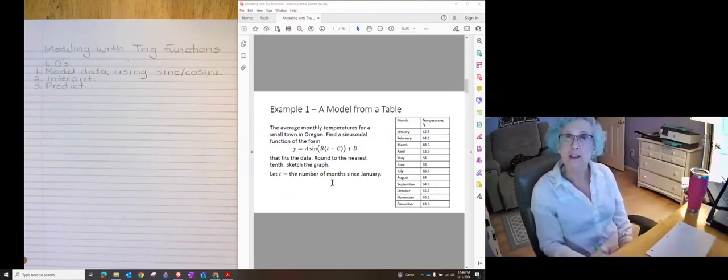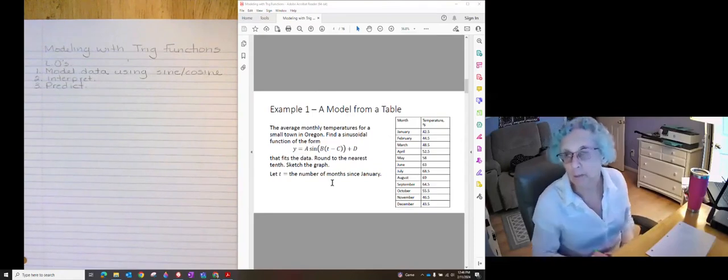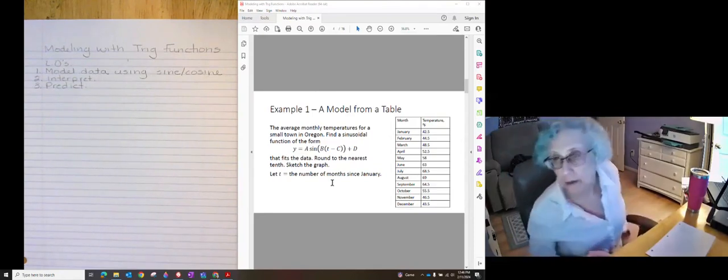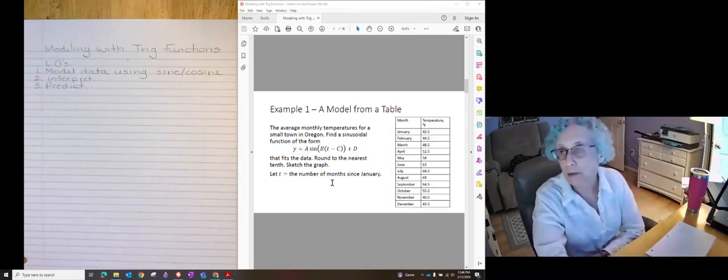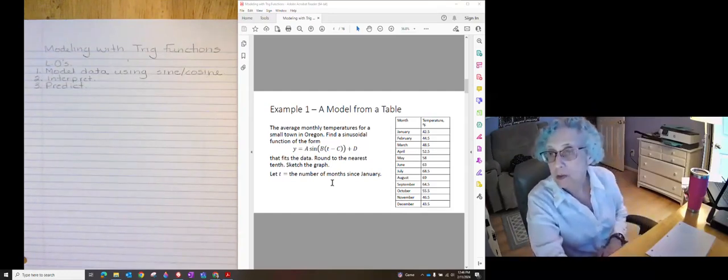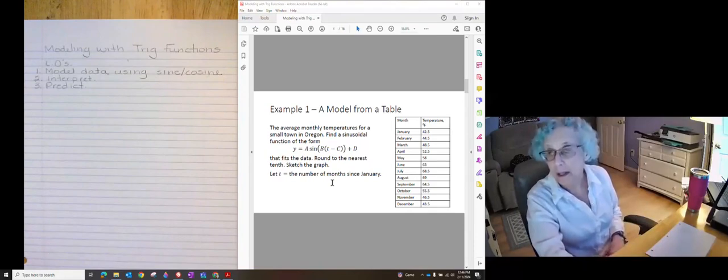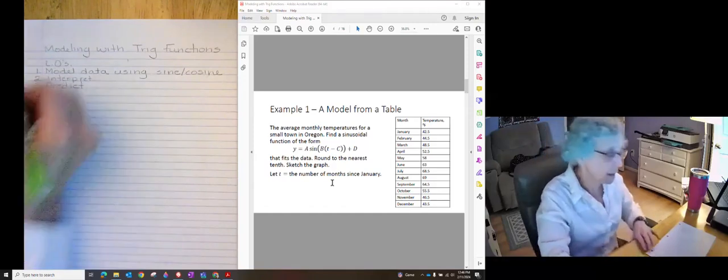So let's do a model from a table. This is the average monthly temperatures for a small town in Oregon, and we're asked specifically to let y be equal to a sine. So we're asked to model it using a sine function.